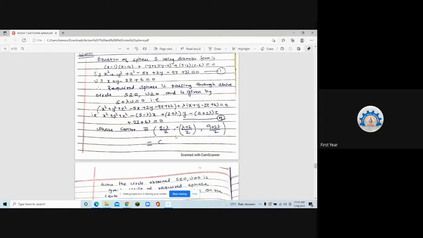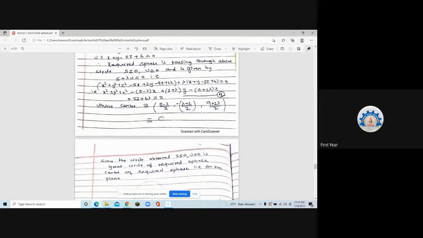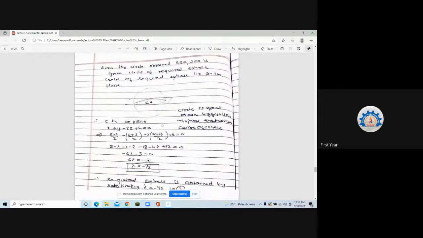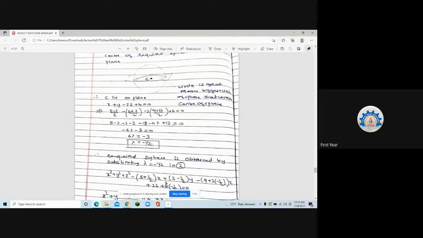This is your center. I put this point in the equation of the plane, x plus y minus 2z plus 6 is equal to 0, and I got lambda is equal to minus half. Check, everyone. If you are getting minus half, please put yes in the chat box.